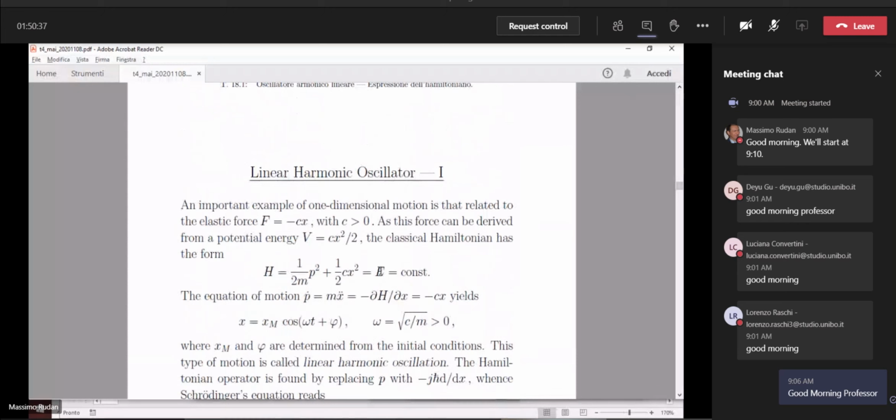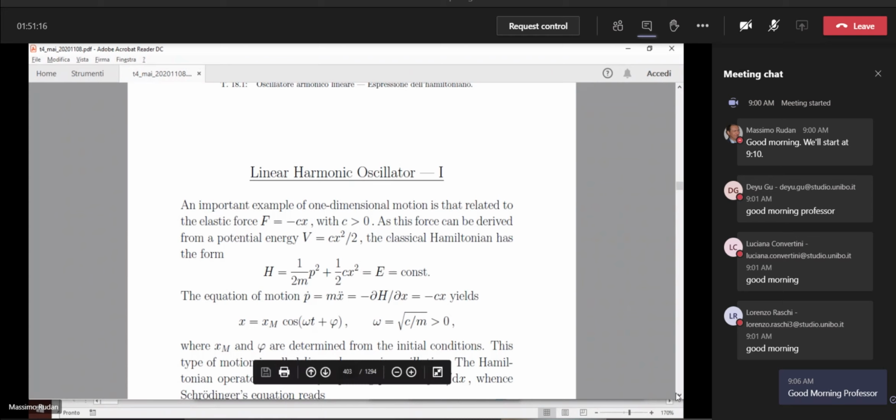If you take the classical expression of the linear harmonic oscillator and you impose that the mass is equal to 1 in some units, you have p squared divided by 2. Then you have C x squared divided by 2, and C becomes omega squared because the mass here is equal to 1. So p squared plus omega squared x squared, all divided by 2.